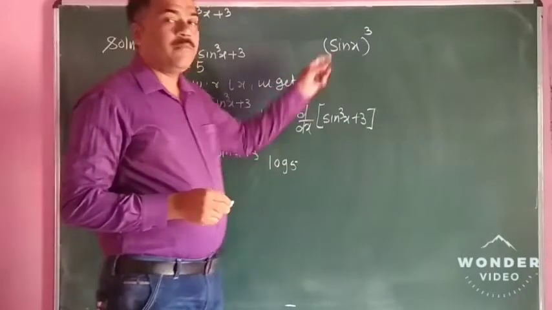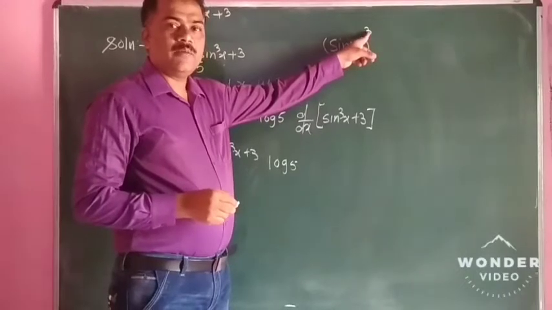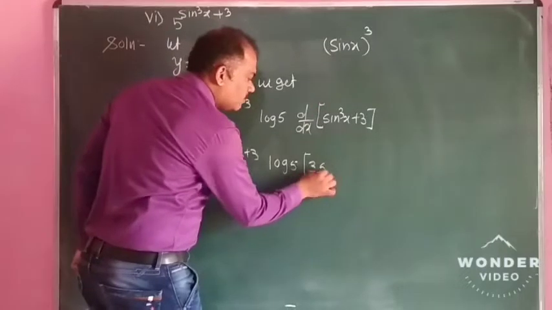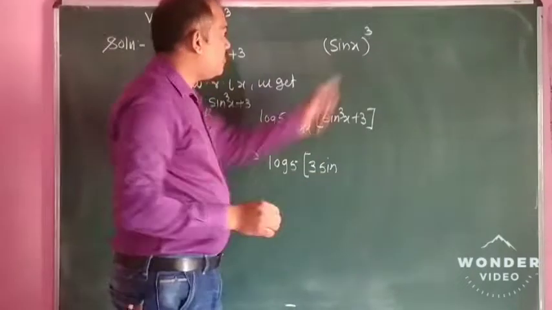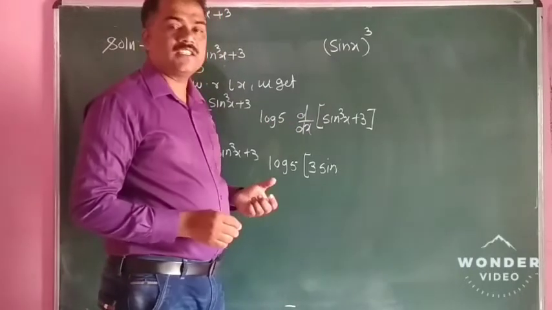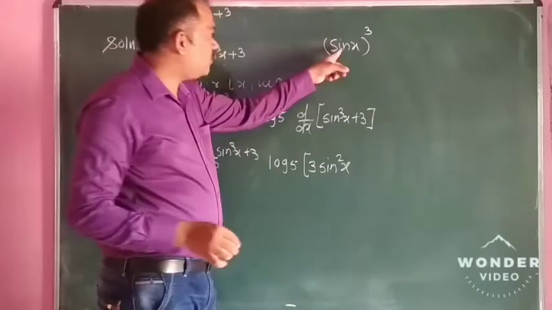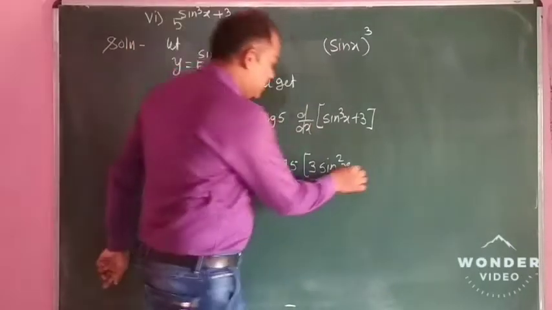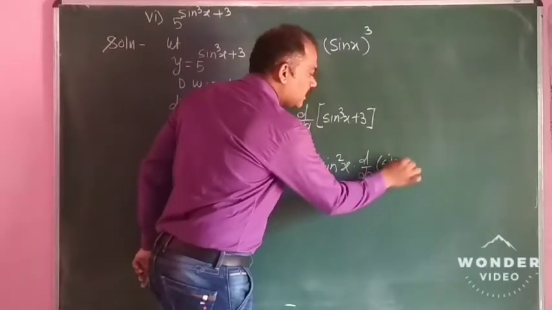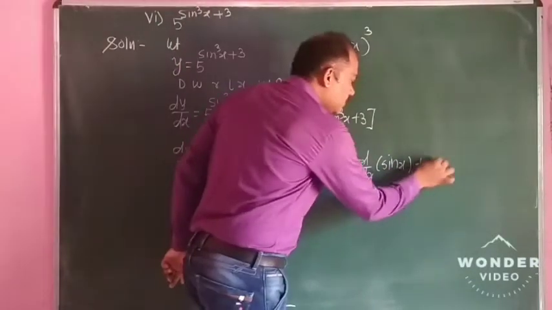It means it is like a power function, so we first bring down the power and write the power as it is, into sine x with the power reduced by 1. That is 3 minus 1 is 2, so sine square x, into d dx of sine x. Plus 3 is a constant, its derivative is 0.